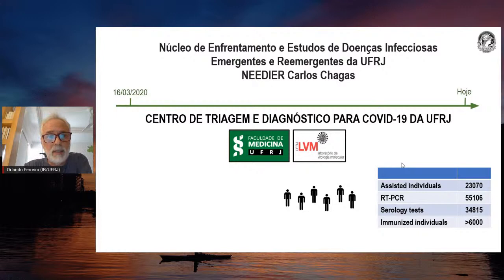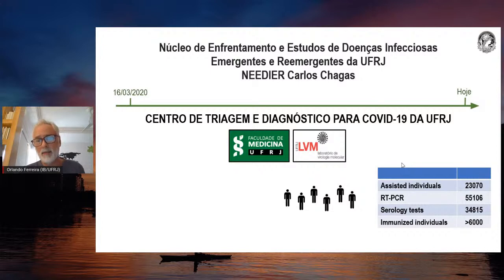This center started screening the whole population of Rio de Janeiro, and the employees of the Federal University of Rio de Janeiro, on March 16, in the very first few days of the pandemic.